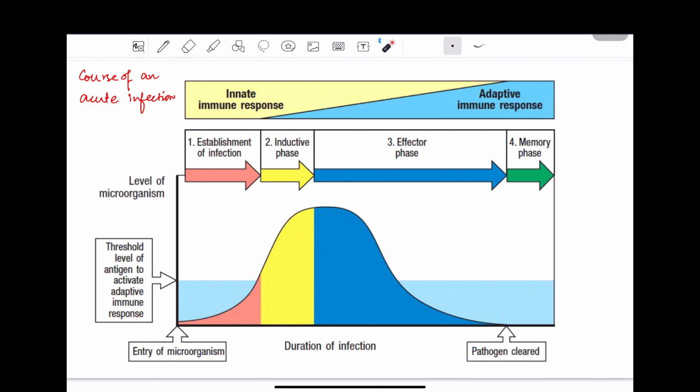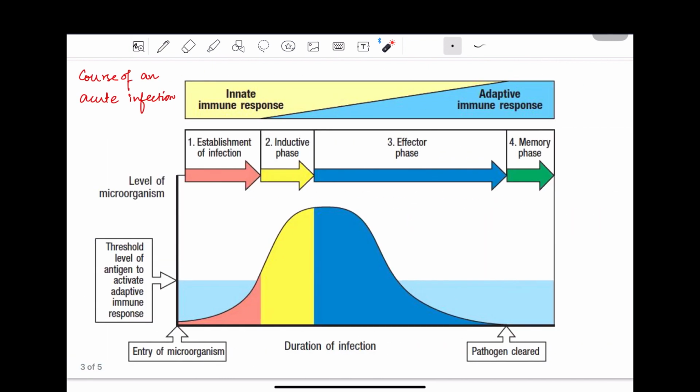Once the level of microorganism reaches that threshold level, from that point of time the adaptive immune response is generated or activated. So this is the activation phase, when the level of microorganism is still growing, but the adaptive immune response is also getting activated.